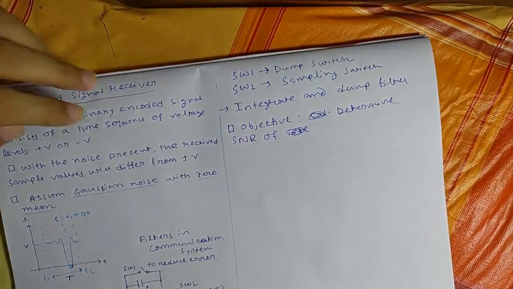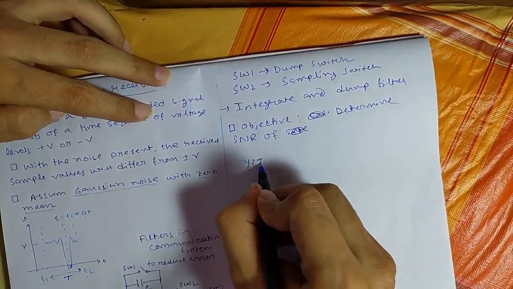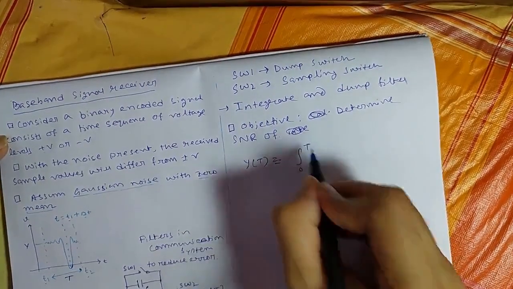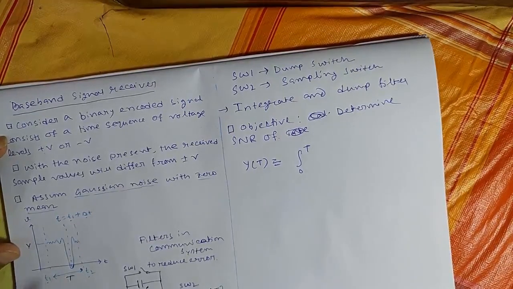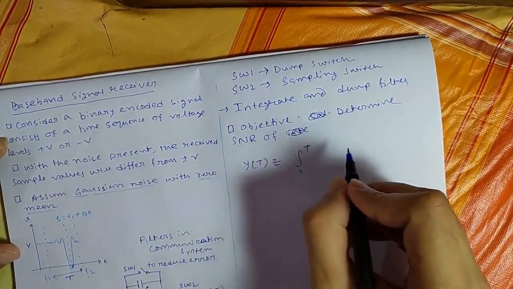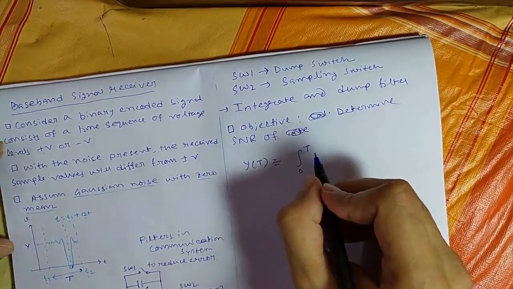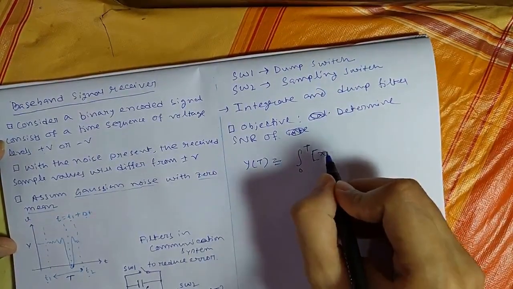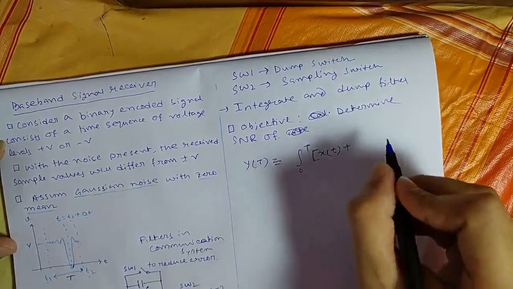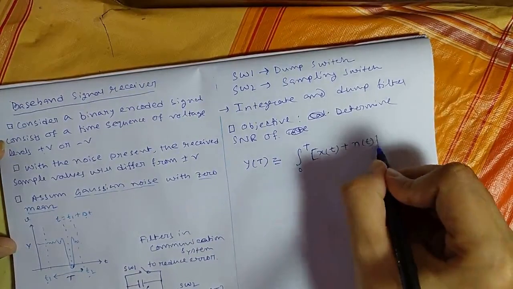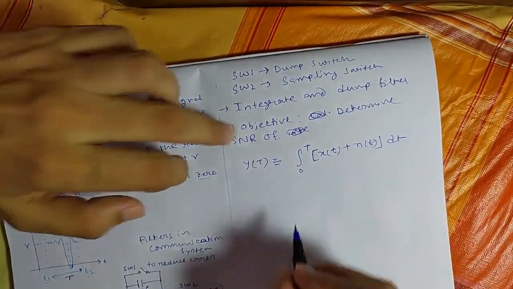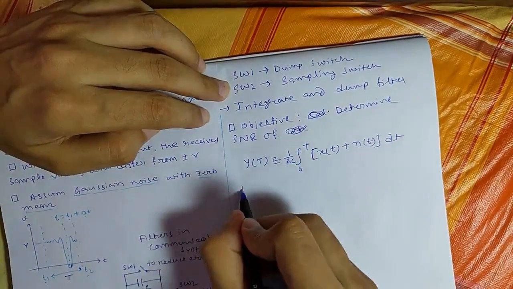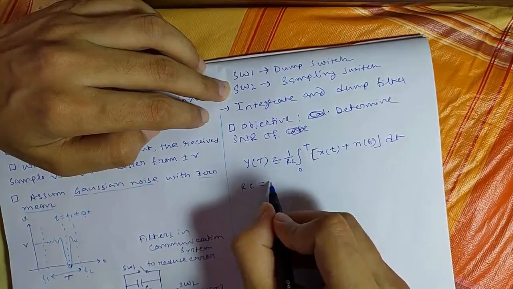The output y(t) can be represented by integration from 0 to T, because it is integrating over the bit interval 0 to T, and it is integrating this addition x(t) plus n(t), and there will be a slope that is 1 by RC, and this RC we will consider as tau.